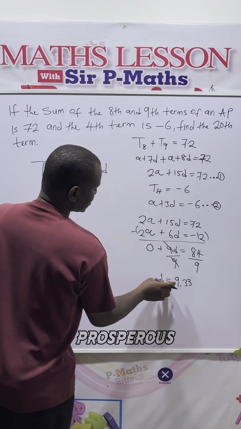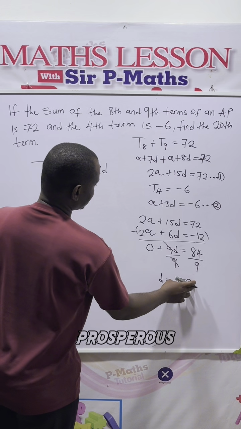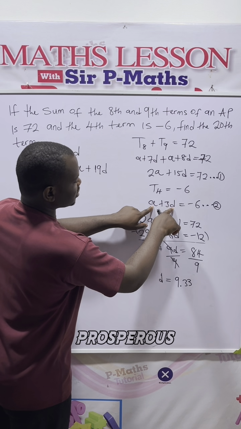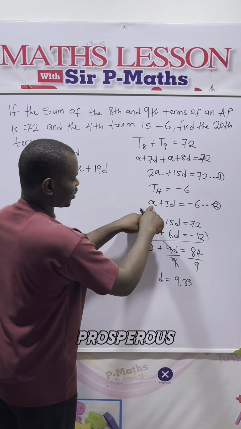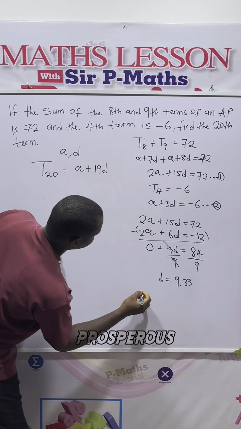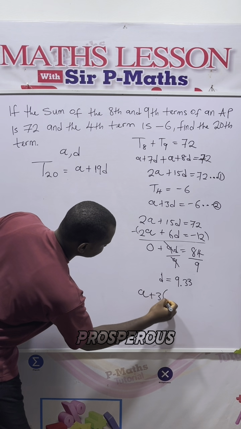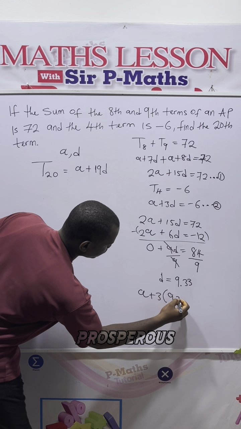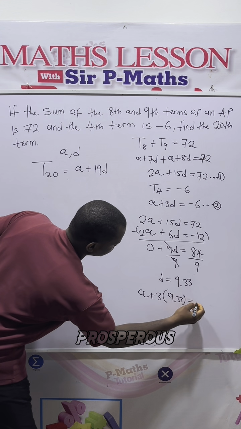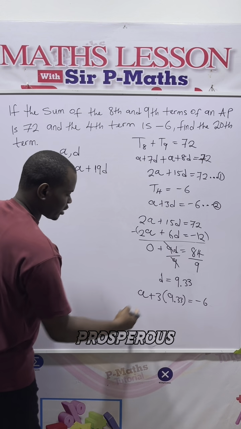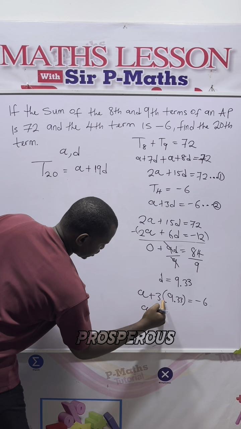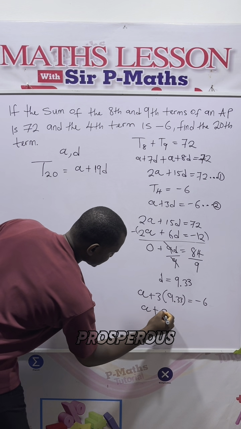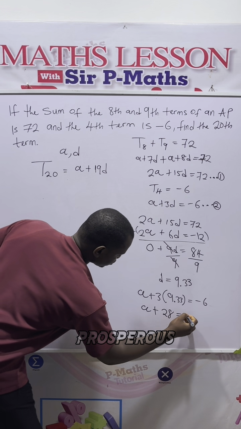So having gotten the common difference as 9.33, let's substitute it for D in equation 2 so that we can get the value of A. So that becomes A plus 3 times 9.33 equal to -6. Then let's multiply. A plus 3 times 9.33 gives us 28, equal to -6.